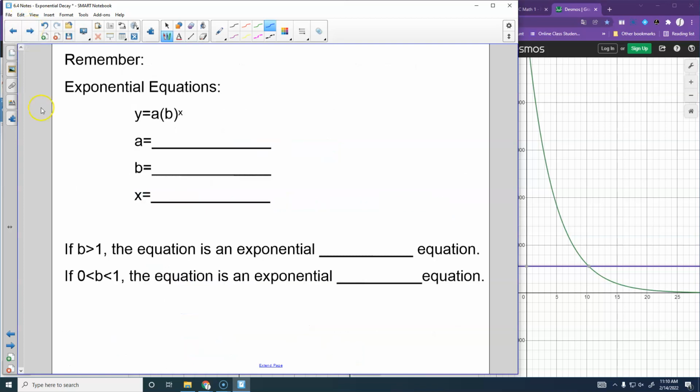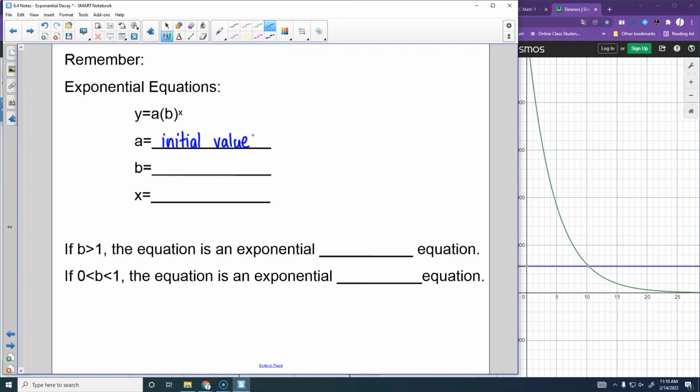All right. Okay. So let's just review something for exponential equations. We're going to add one thing in here. We kind of already did this because Jada asked me that good question ahead of time. Y equals a times b to the x. A is our initial value, our starting value. Julian, what does our b stand for?